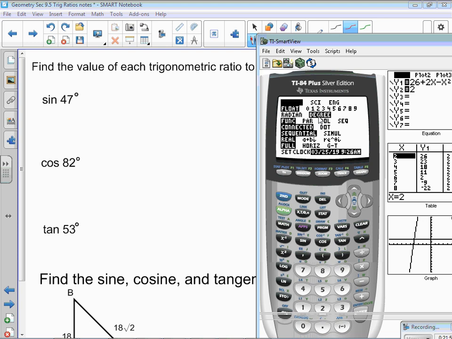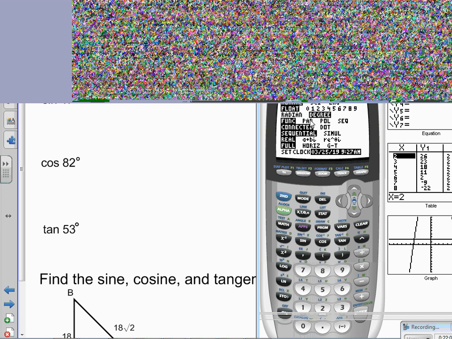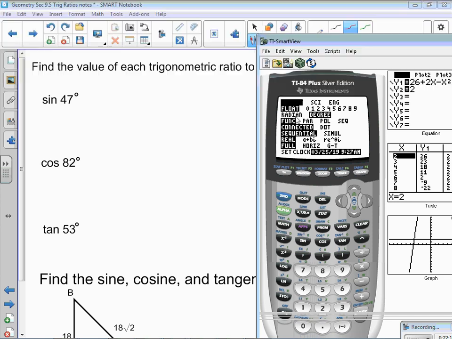If you've got just a basic scientific calculator, then on that window where the number comes up, there should be, in most cases, a little DEG or a little RAD that you would see in that window somewhere. If you see RAD, that means that your calculator's in radians and needs to be changed. If you've got DEG, then you're in degrees and you're good to go. All right.